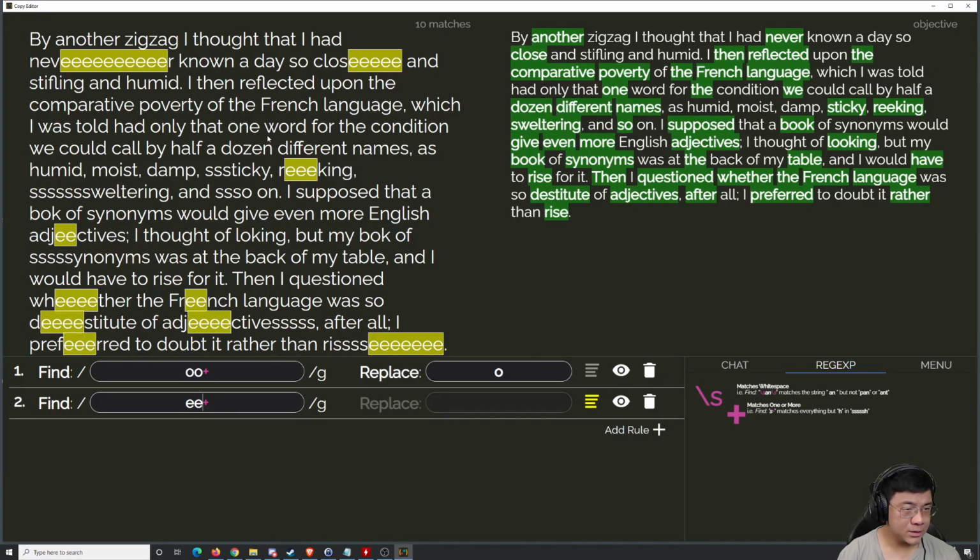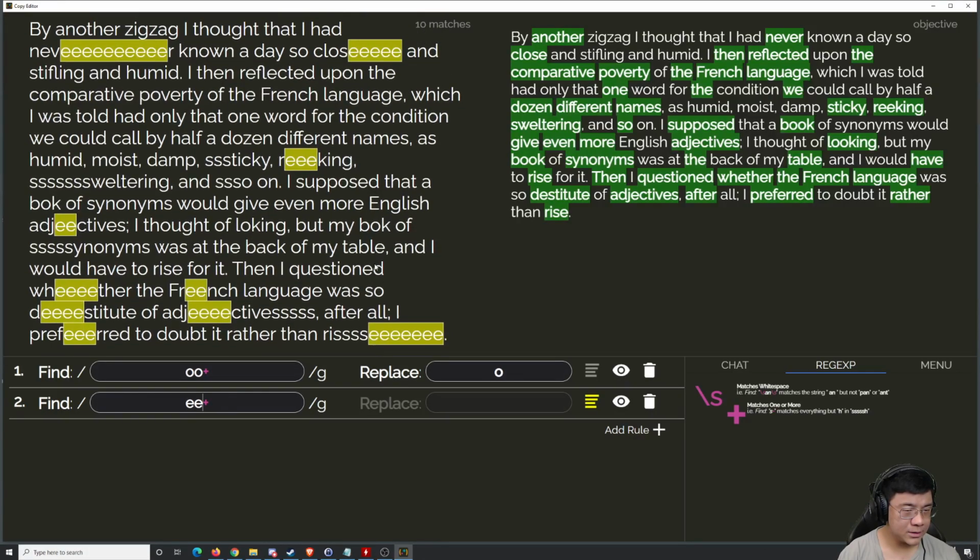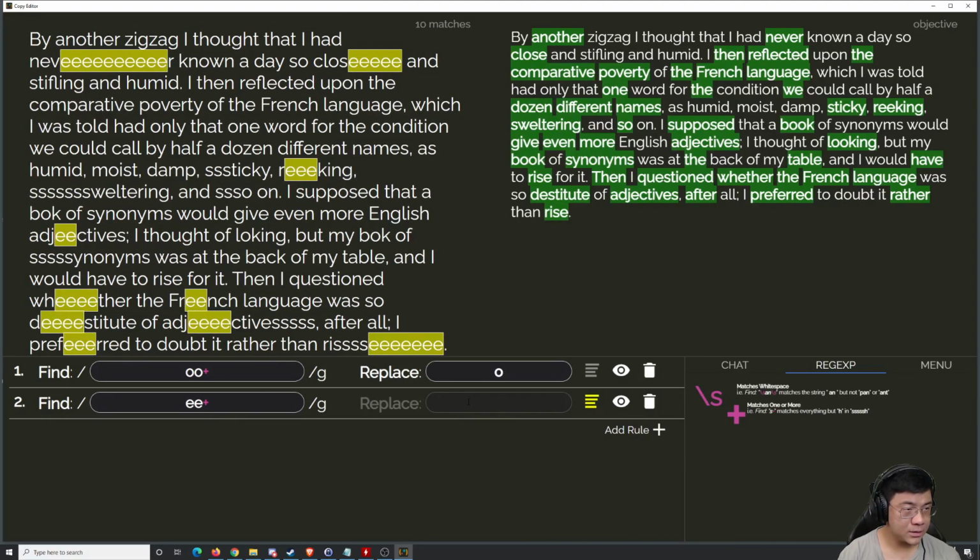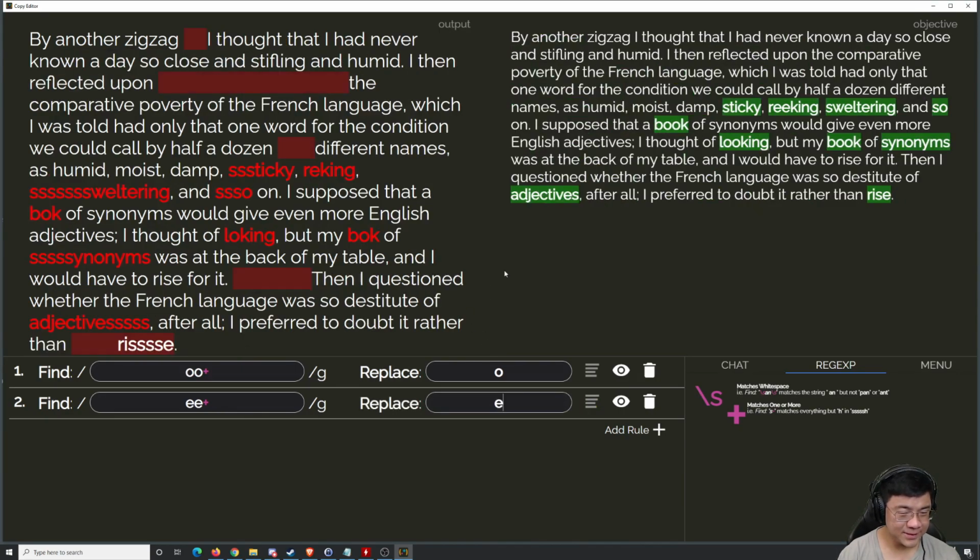Those are all misspelled, so the only one up there is that double E on reeking. So you just need to fix that one individually later. Oh, because reeking has 2 E's? Yeah. But everything else you can do one E.